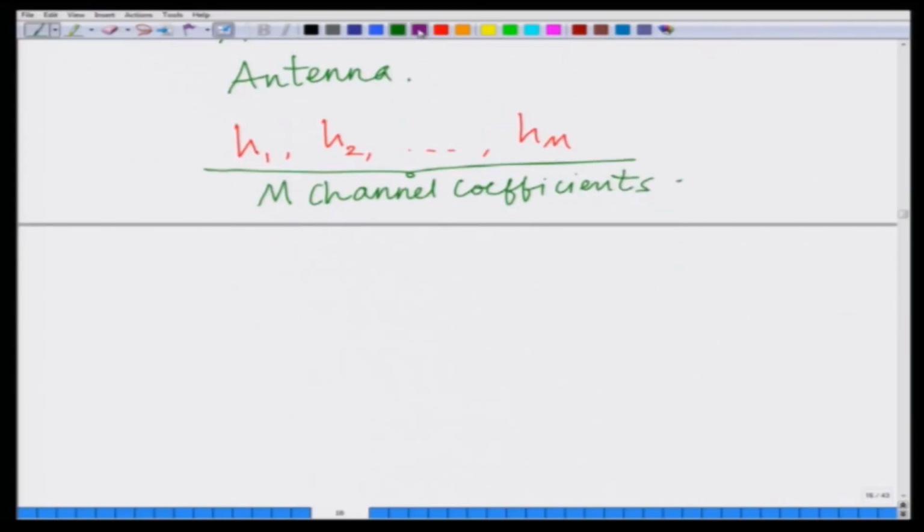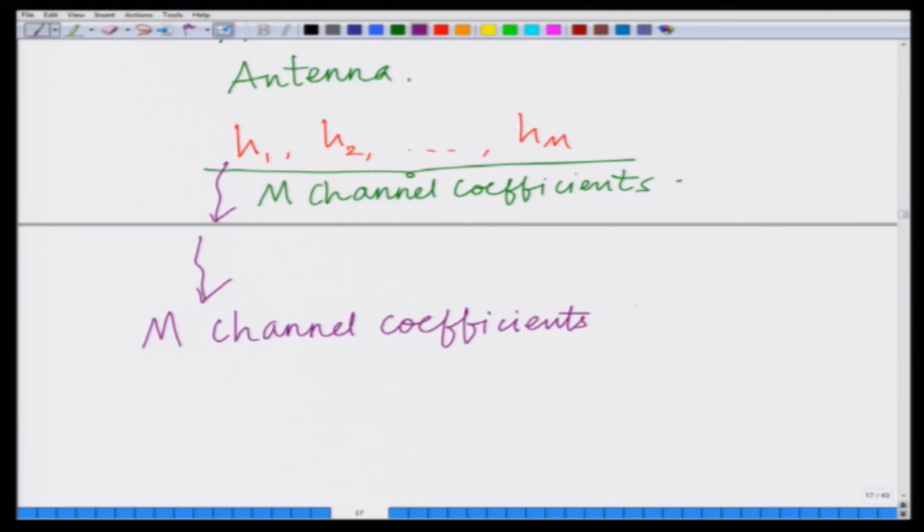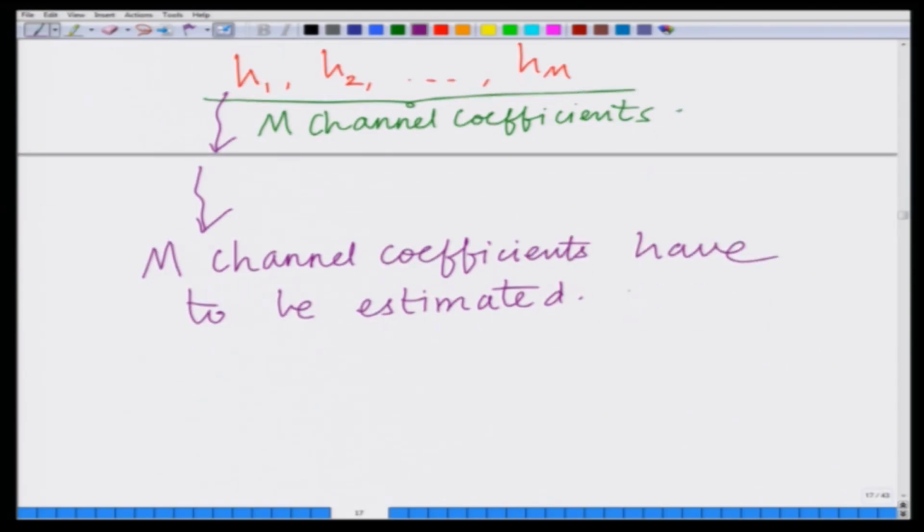So, to put it more explicitly, M channel coefficients have to be estimated.